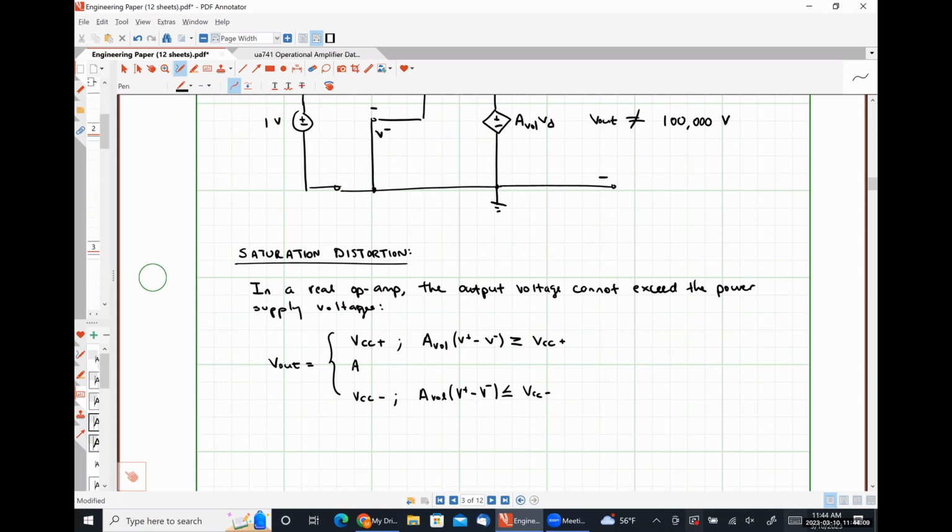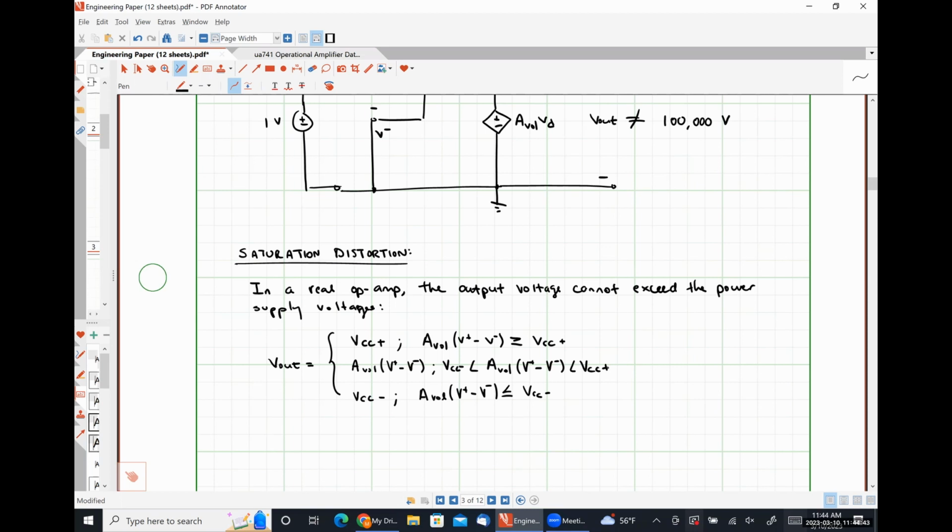So for this particular circuit where we have the output open circuited, we would see that our output will be AVOL times our differential voltage when AVOL times our differential voltage is between VCC minus and VCC plus.